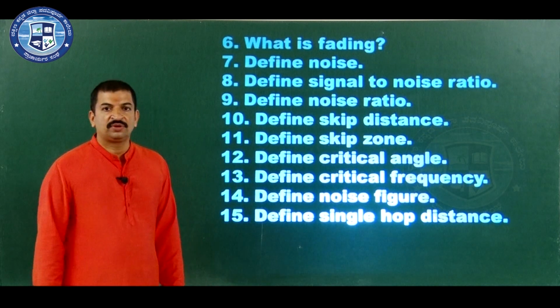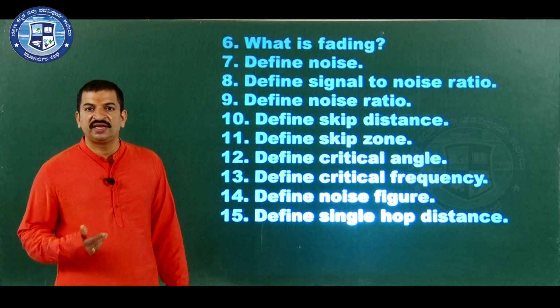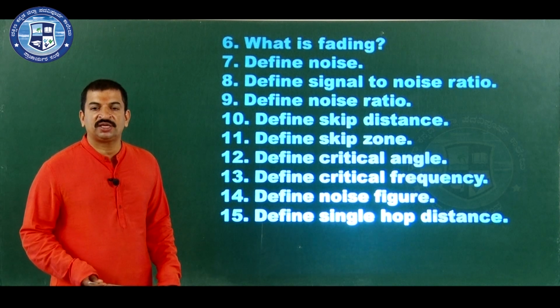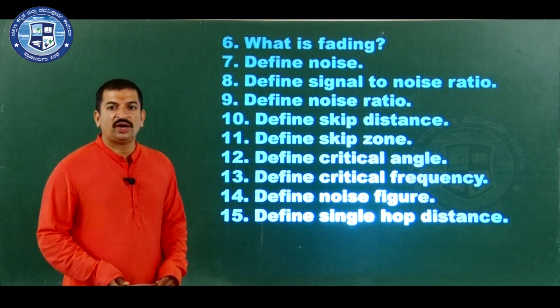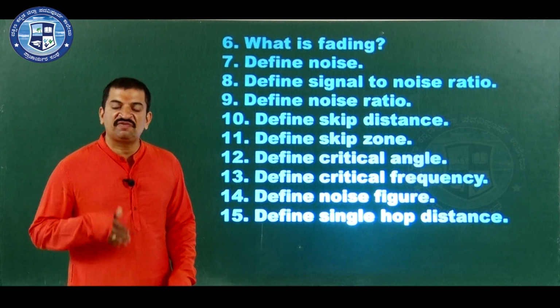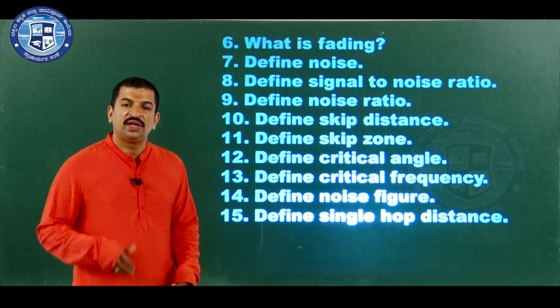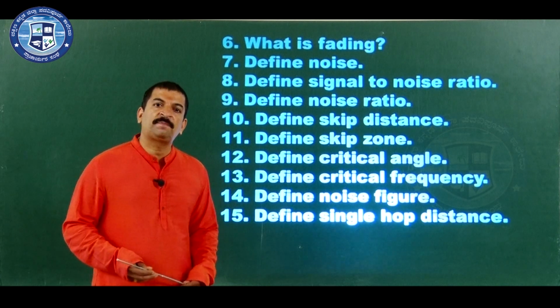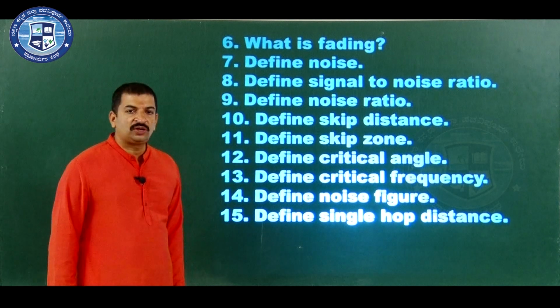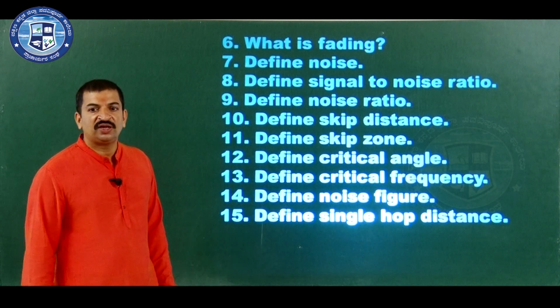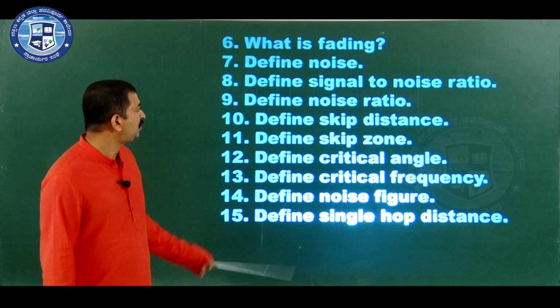What is fading? Already we have discussed. Signal fading is the fluctuation in the signal strength at the receiver. Define noise. Noise is defined as an unwanted form of energy tending to interfere with the easy reception and reproduction of the wanted signal. Define signal to noise ratio. It is defined as the ratio of signal power to the noise power.